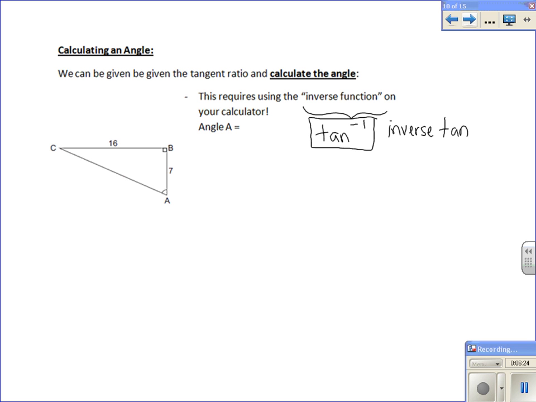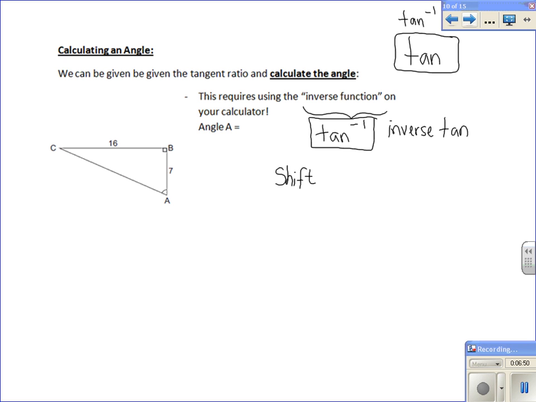To take the inverse tan, okay, you're simply going to press Shift. Most of your calculators will not have a tan to the negative 1 button. Most of your calculators will have a tangent button like this, and written above the tangent you will see tan to the negative 1.